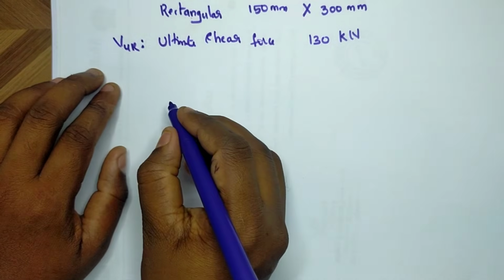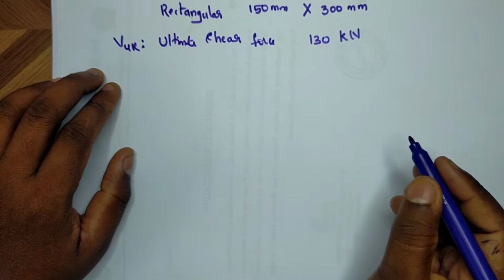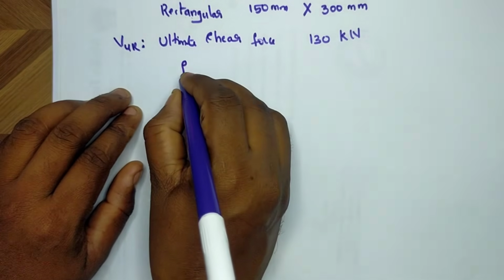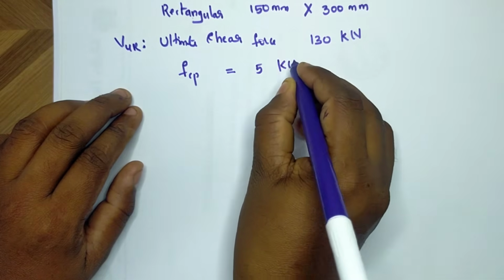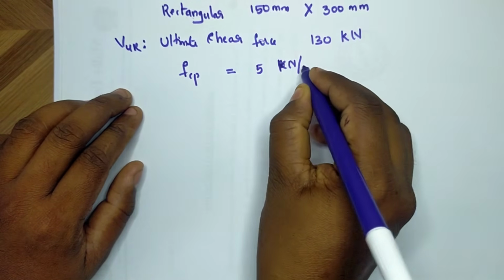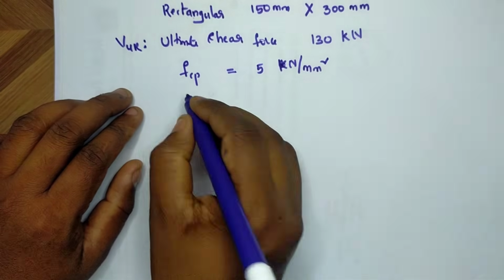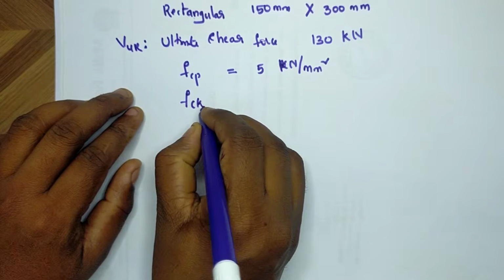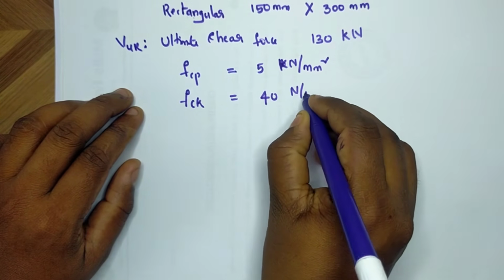And there is a uniform prestress across the section. Uniform prestress across the section means FCP is equal to 5 Newton per mm square. It is also mentioned that the characteristic compressive strength of the concrete is 40 Newton per mm square.